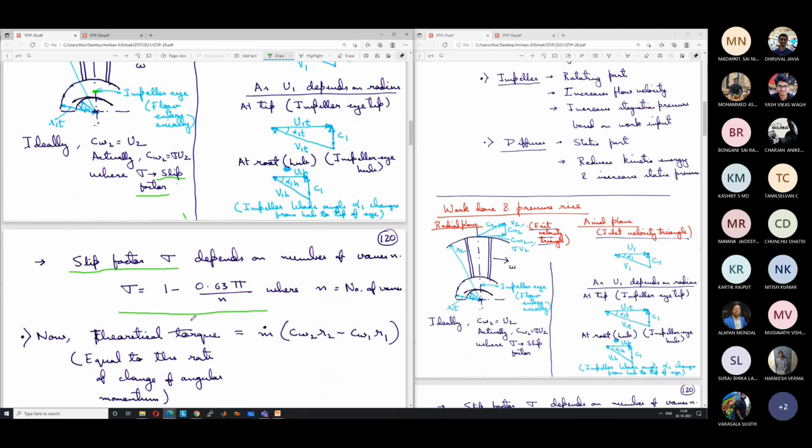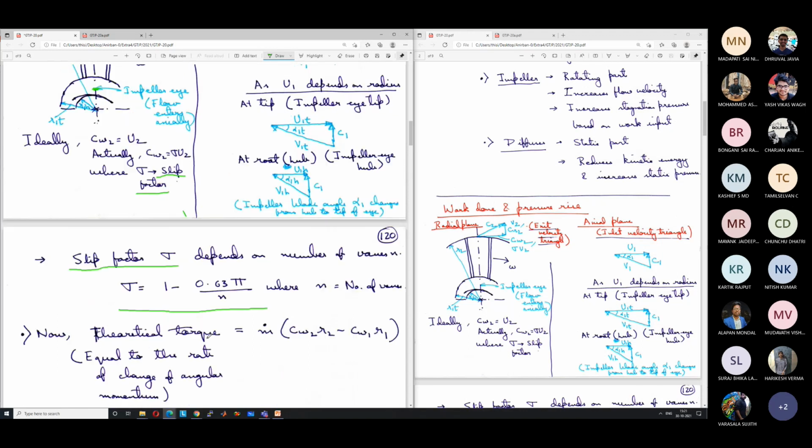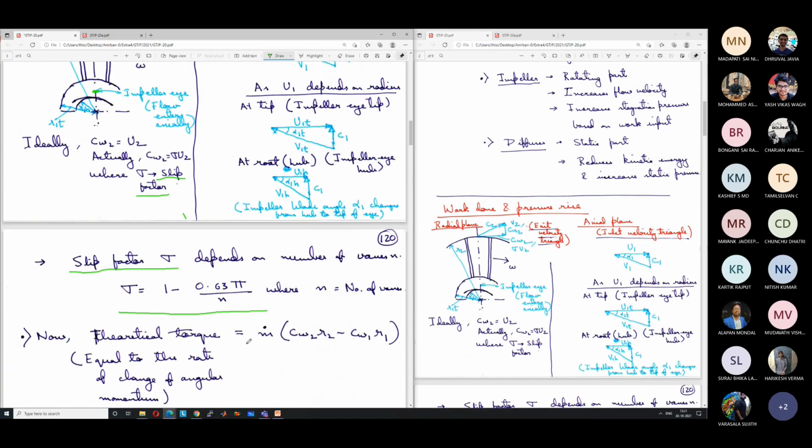So if we have more wheel component, it means that more work is being done in the impeller, or more work input can be sustained by the impeller for increasing the stagnation temperature and pressure. So now, theoretically, to find out the work input for the compressor and the rise of pressure, we can find out the specific work input.